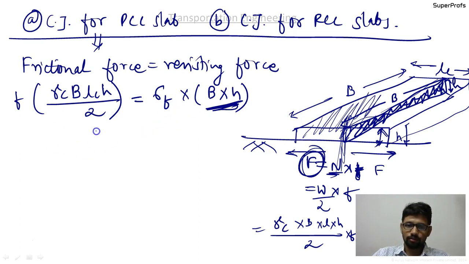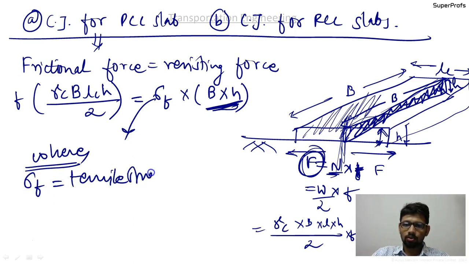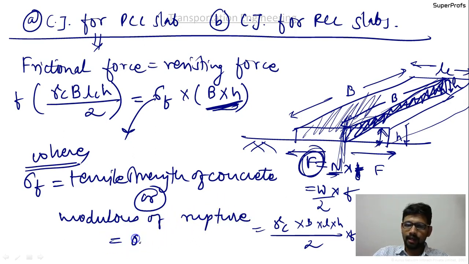Sigma f is the tensile strength of concrete. Please write down that apart from sigma f, you know all other symbols. Sigma f is equal to the tensile strength of concrete, or the modulus of rupture, which is given as 0.7 root FCK.